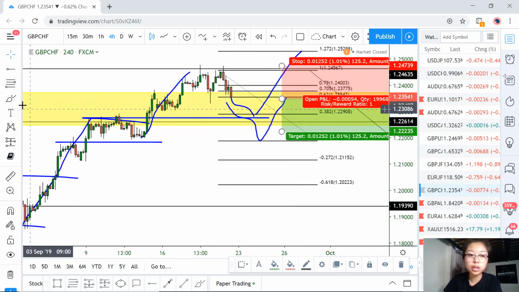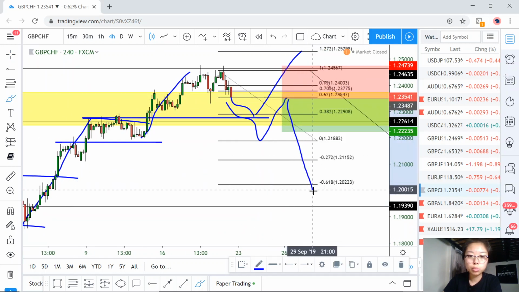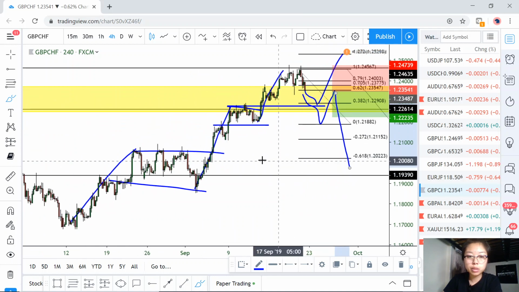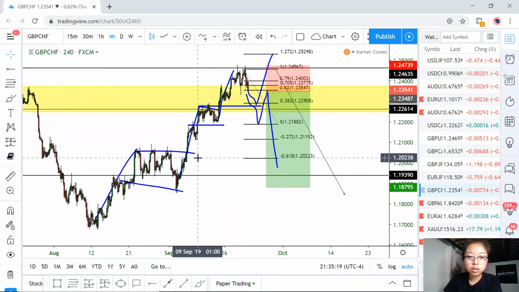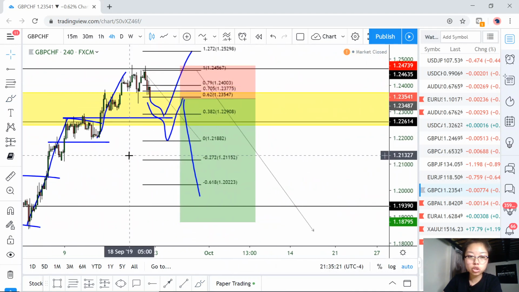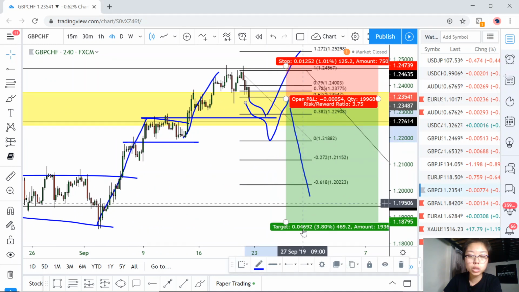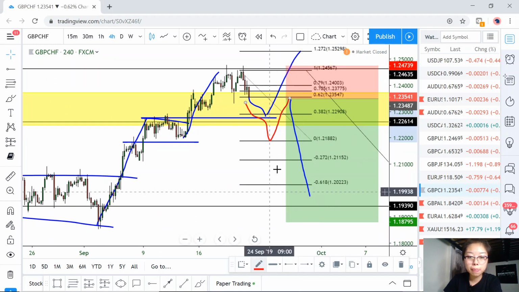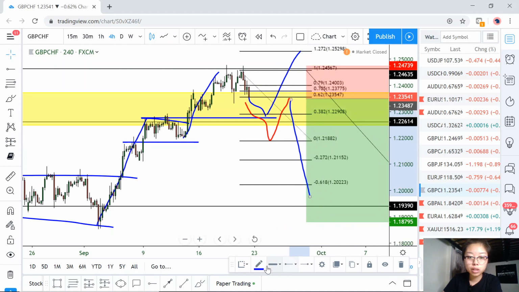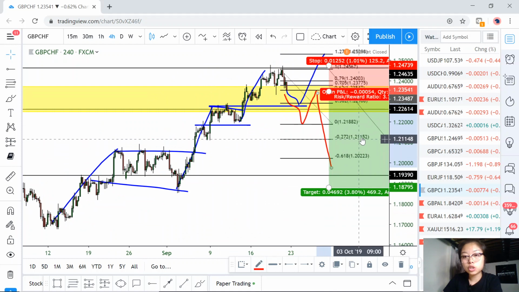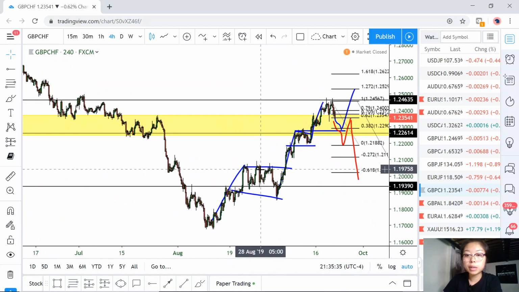That's a short scenario. Now where your final TP would actually be is down here. So that's two scenarios off of Pound Swiss. Either we're going trend continuation or we're going short on Pound Swiss.